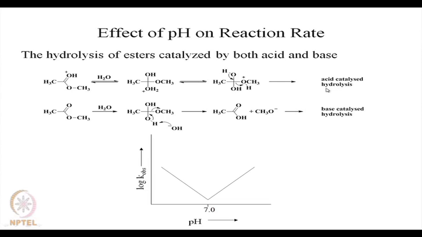In one case let us concentrate on acid catalyzed, in the other case on base catalyzed. So, acid catalyzed reaction. Okay. So, you see this one, CH3COOCH3, in the protonated form, acid catalyzed reaction.